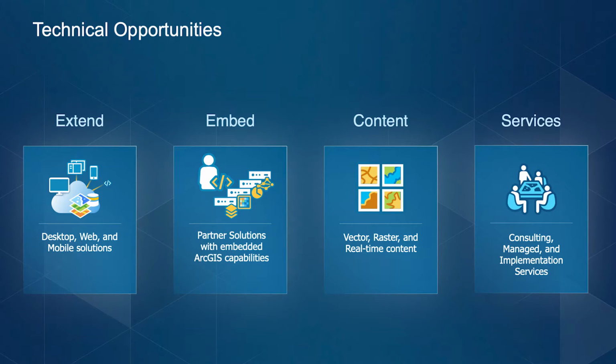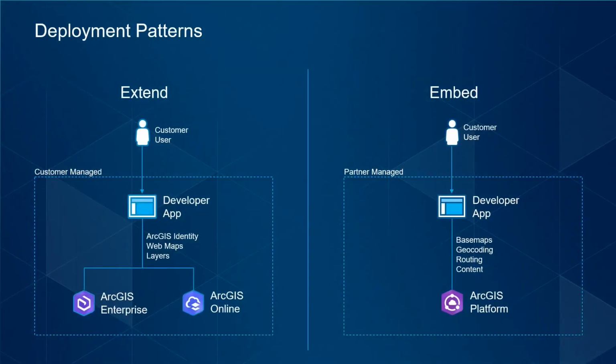And this is usually vector, raster, and real-time content. And finally, services. We have great partnerships and organizations we work with that provide consulting, managed, and implementation services. Now, for today's webinar, we're really going to focus on the extend and embed patterns.